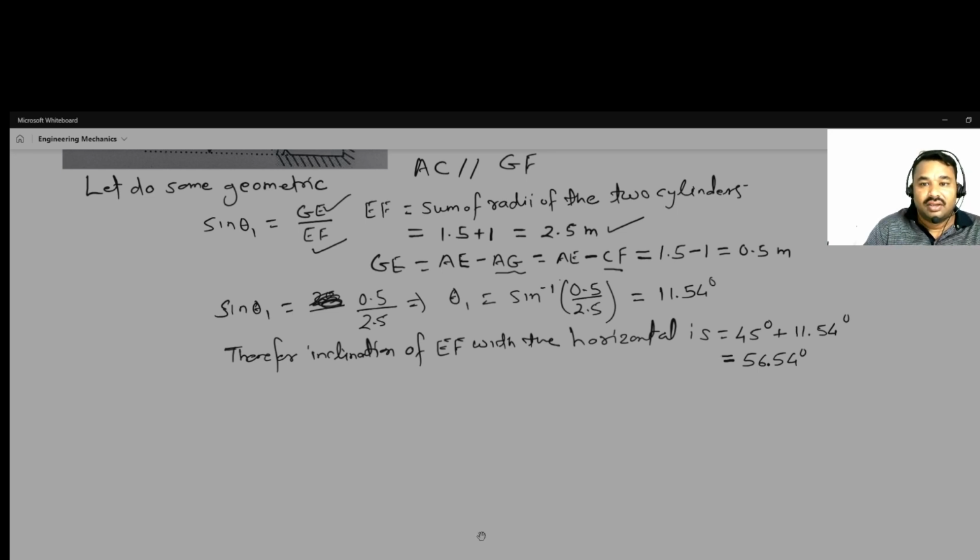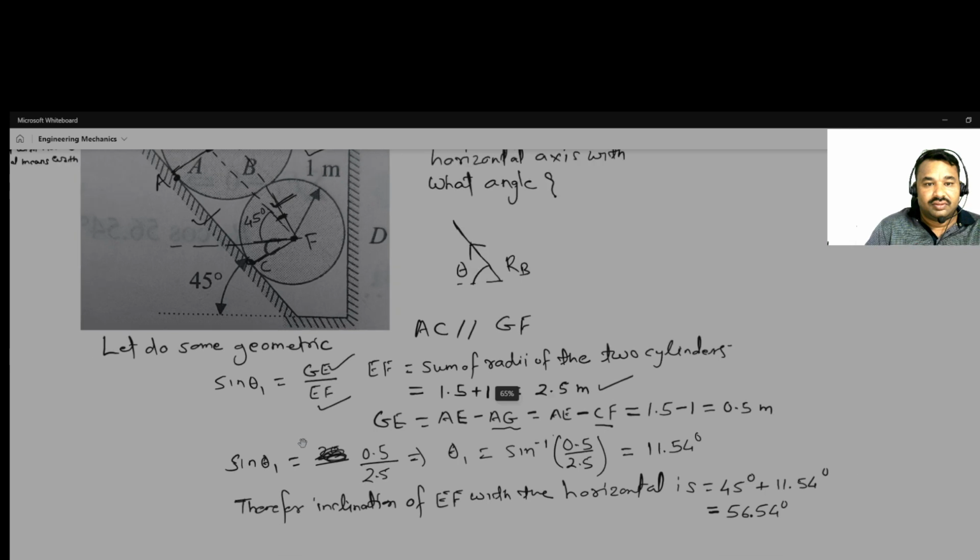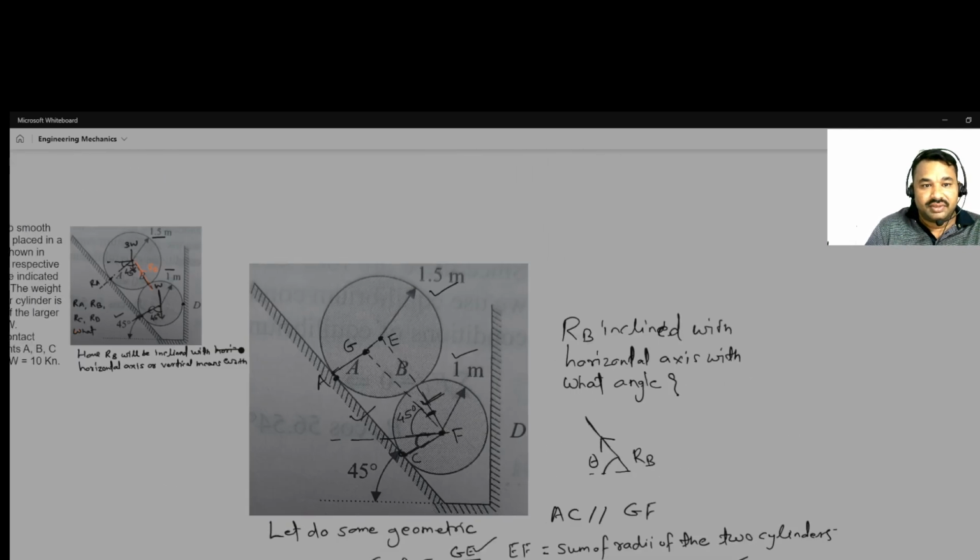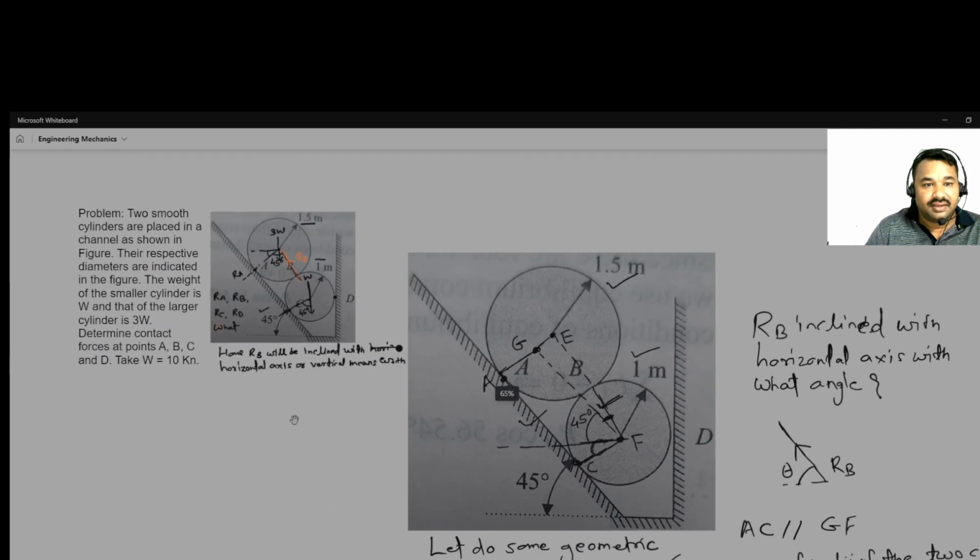Okay, so from this we got the required angle.